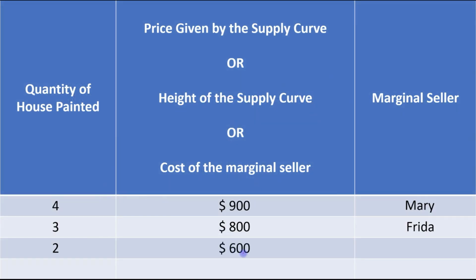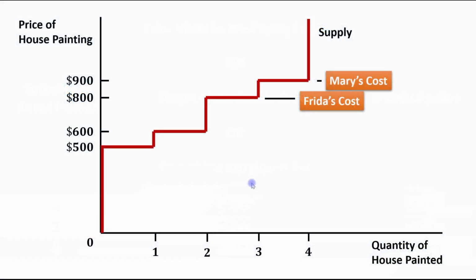In this case, the marginal seller will be Georgia, because $600 is the lowest price that Georgia would accept for selling her services, and if the price offered to Georgia is less than $600, then Georgia will be the first one who will leave the market. So we can write here that this is Georgia's cost.